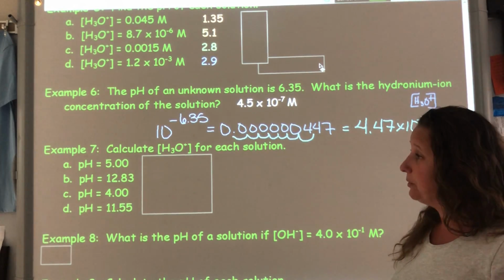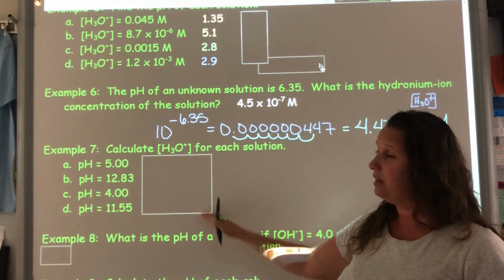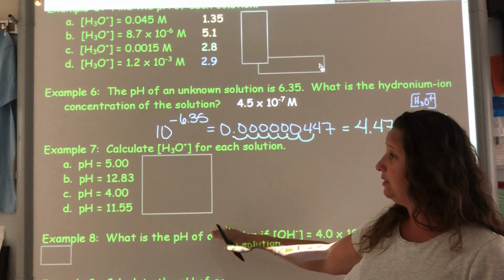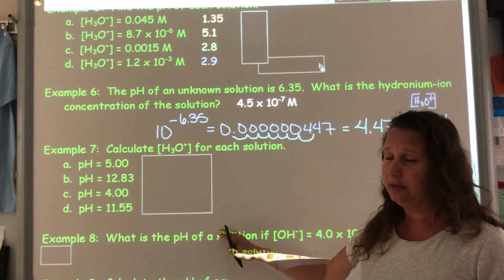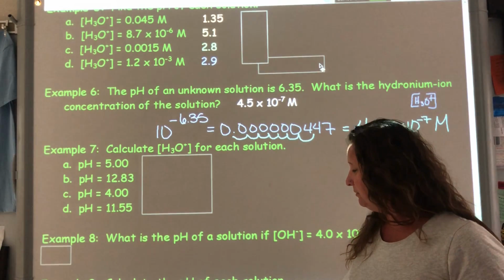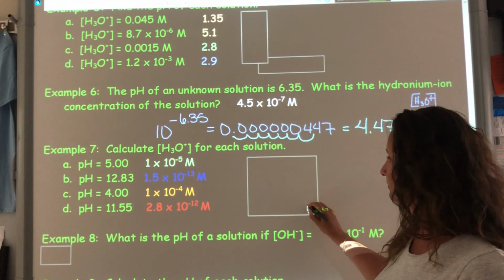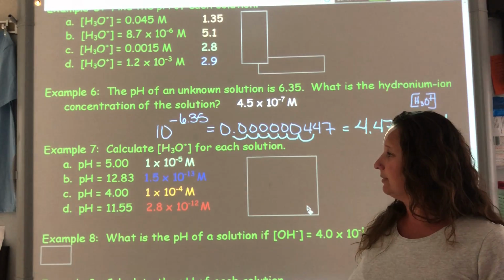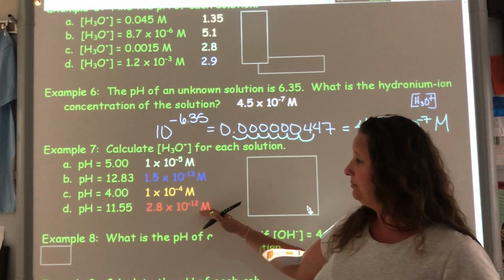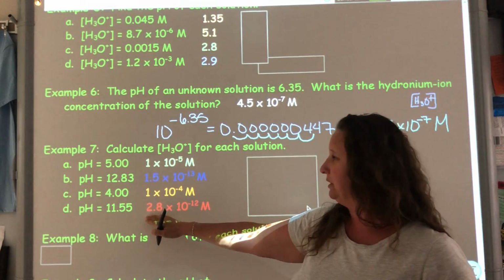Okay, at this point, you may want to pause the video again. Try to work through example 7. Make sure you're getting it correct. And then after you work through all of them, start the video over and see if you got them correct. Okay, so again, we can see I haven't necessarily rounded all of my answers to the correct number of significant figures.